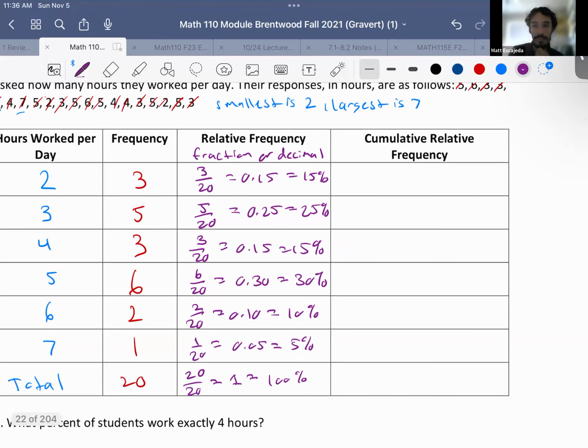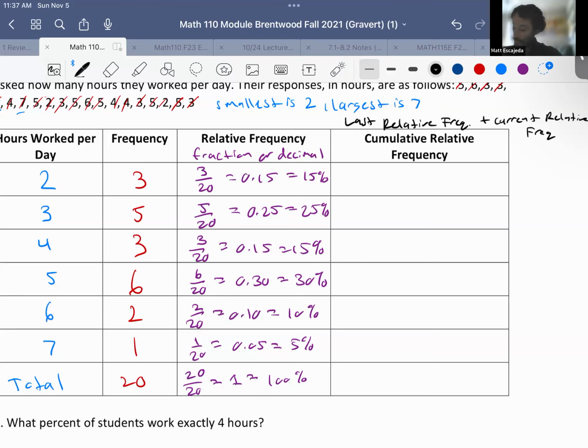Like I said, that paragraph might have been a little confusing, but basically all we're going to be doing is adding your last cumulative relative frequency plus your current relative frequency. Okay, so what do I mean by that?